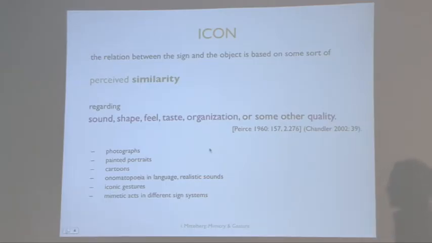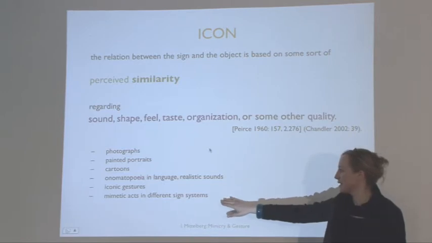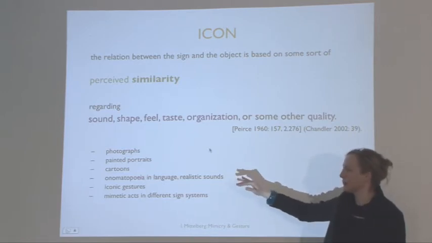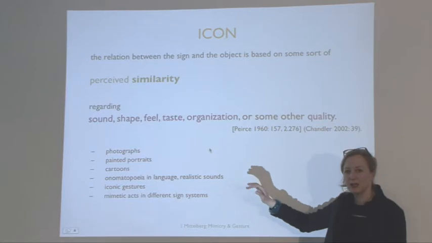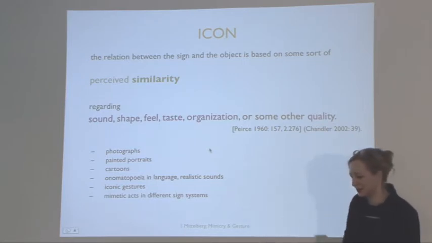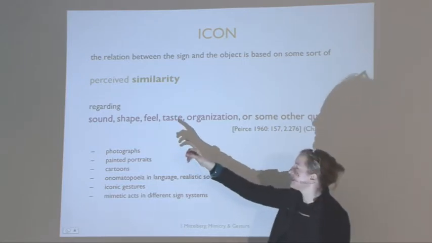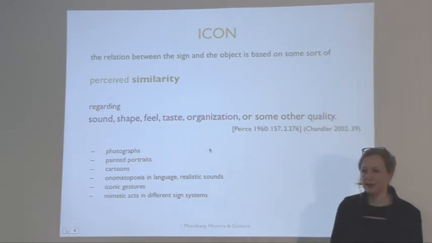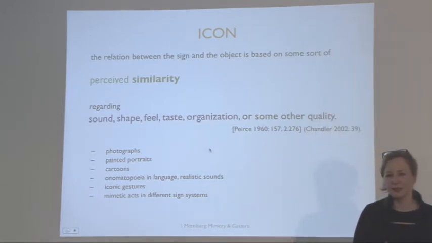Similarity is what I think is the most important aspect here today. So regarding all these different aspects, I guess that these mimetic acts in different sign systems are heavily based on some kind of similarity. And what's important again here, in Peircean terms, is that it's a perceived similarity. That means somebody has to perceive the similarity.